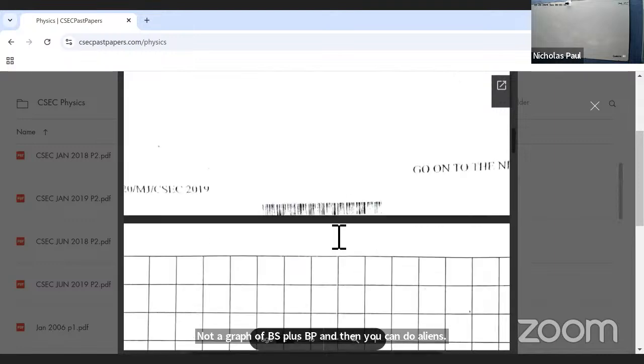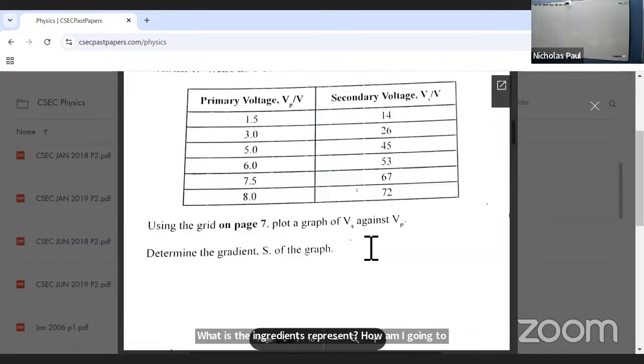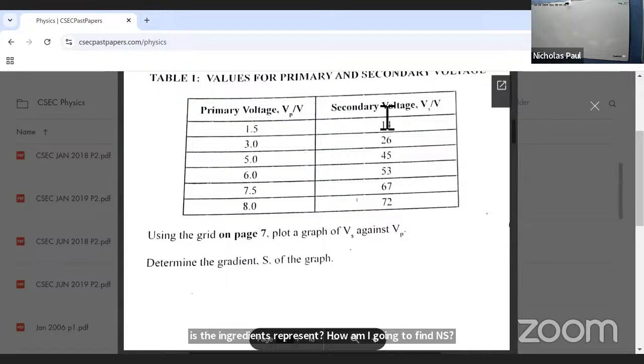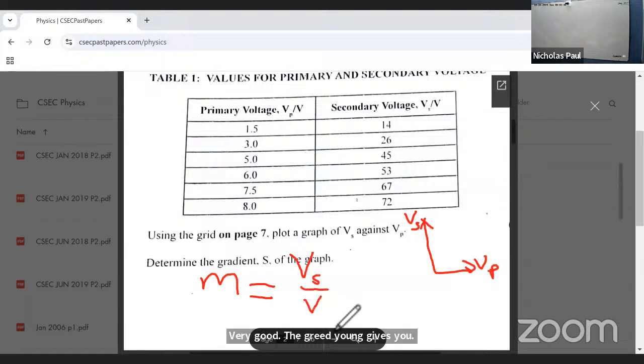But my question is, what does the gradient represent? What does the gradient give you? Very good. The gradient gives you VS over VP. So technically, you have the ratio.